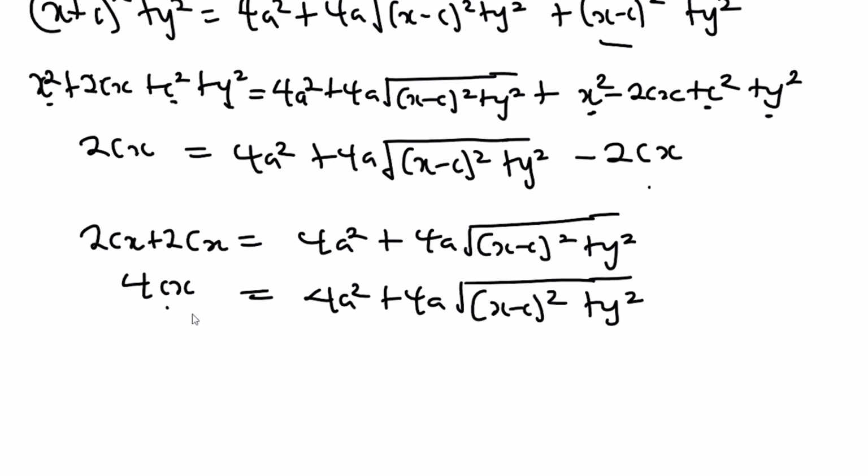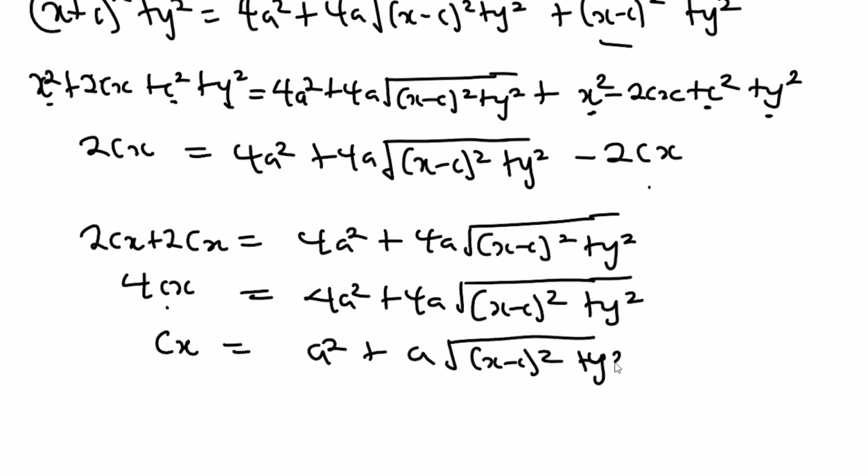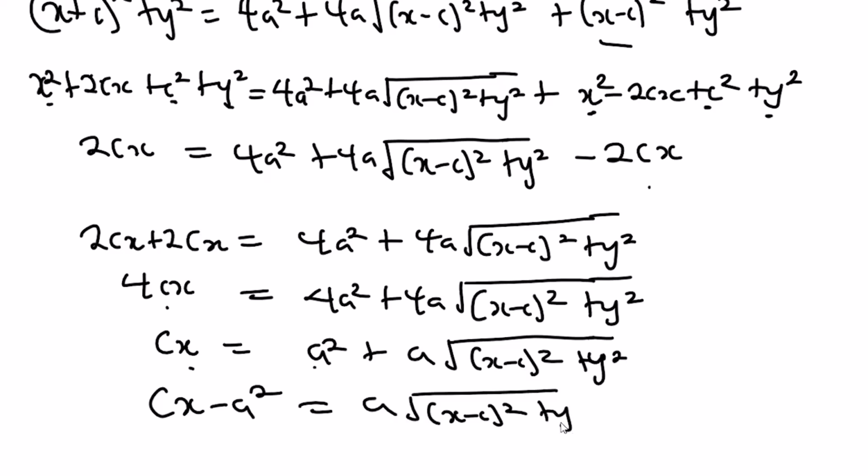Now we can decide to divide through by what? 4, and this is going to give us what? cx being equal to a squared plus a root of x minus c squared plus y squared. Now we still have, let's bring this one to the side. So we have cx minus a squared being equal to a root of x minus c squared plus y squared.